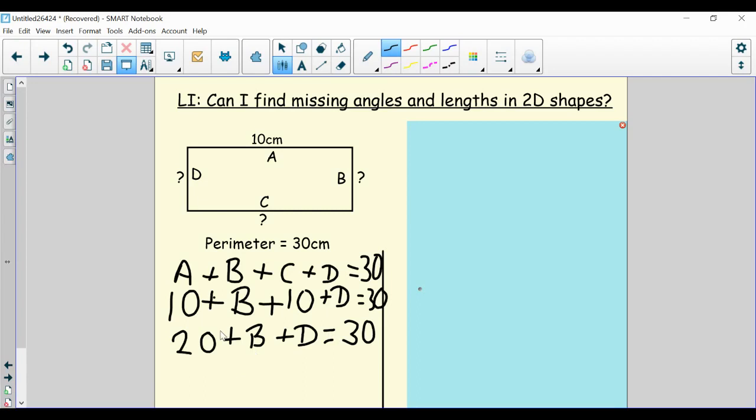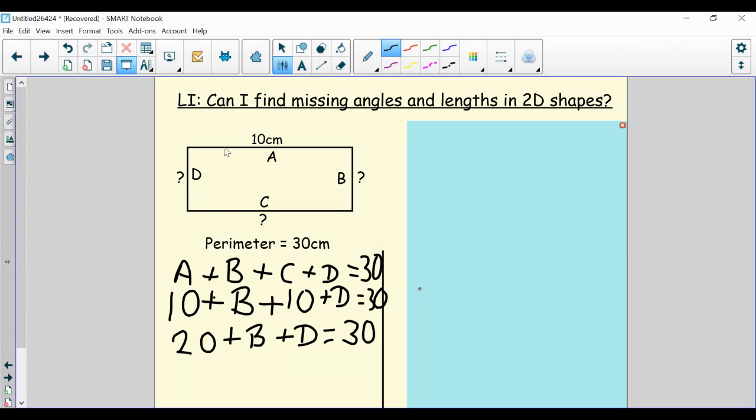So by looking at this now, we know that 20 plus B and D will make 30. So hopefully our brains are seeing the difference between 20 and 30 is 10. So that means these two must add to 10. So B here and D here together, it will make 10.